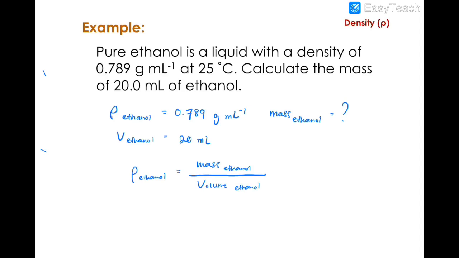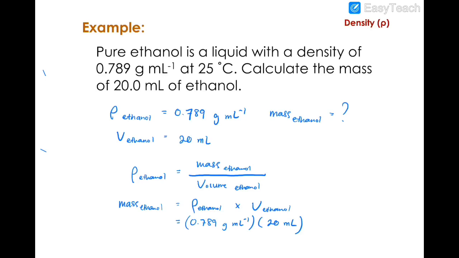Okay, so sekarang ni kita nak cari mass kan, so kita rearrange balik. So kita ada mass ethanol bersamaan dengan density of ethanol darab dengan volume of ethanol. So density is 0.789 gram per milliliter darab dengan volume 20 ml.